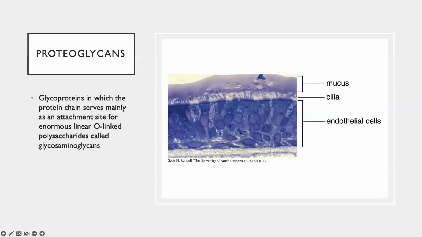You can also have proteoglycans, and so proteoglycans are glycoproteins in which the protein chain serves mainly as an attachment site for some enormous linear O-linked polysaccharides that are called glycosaminoglycans. And these can be membrane, transmembrane proteins, or they can also be lipid-linked.